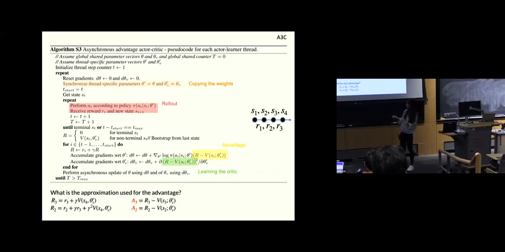You take here, for example, just R4. Now, for the second state, you take R2 plus gamma R3. For the first, we'll take R1 plus gamma R2 plus gamma squared R3, and so on. Is that 100% clear? Okay. Is it clear why this is an advantage? The approximation of the Q minus the approximation of the V? Okay.